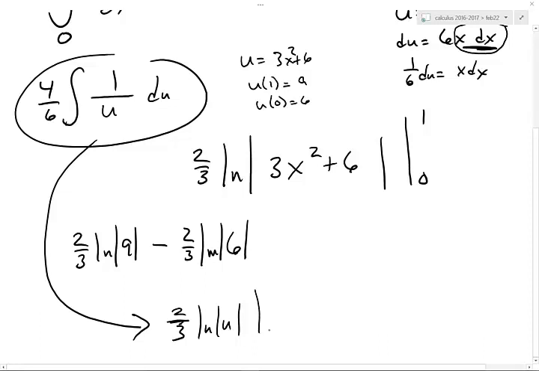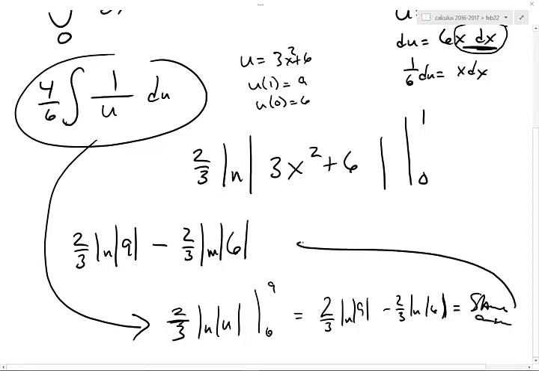So then right here, he would have had 6 and 9. So he would have said 2/3 ln of 9 minus 2/3 ln of 6. And guess what we'd have gotten? Same answer! They're the same. I don't care how you get here.